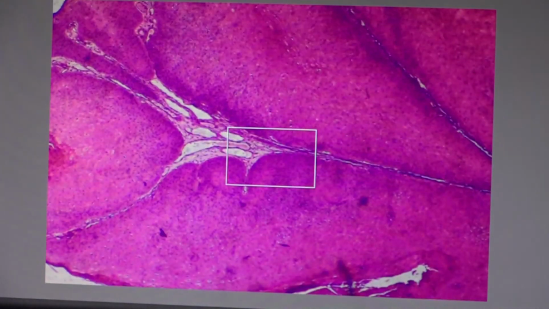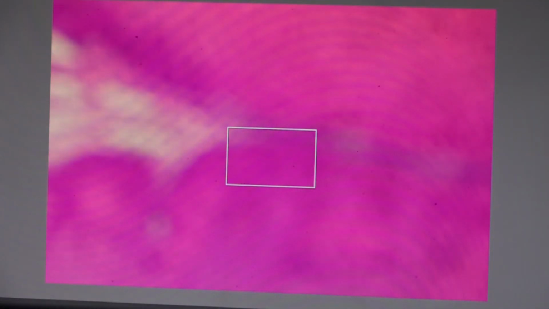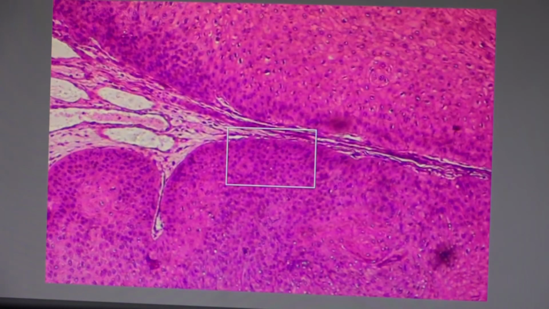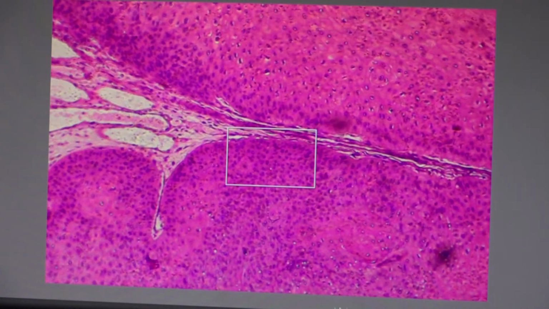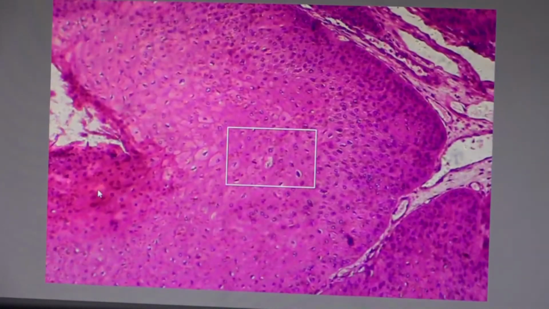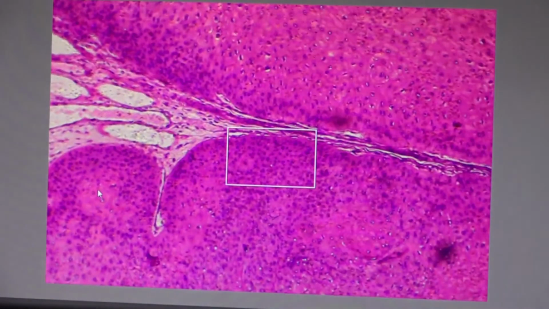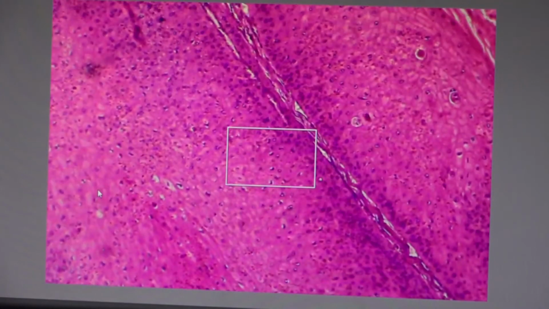These papillae, or finger-like projections, are composed of benign squamous epithelial cells arranged in stratification without any atypical or malignant change. This is called benign venereal wart, or condyloma acuminatum.